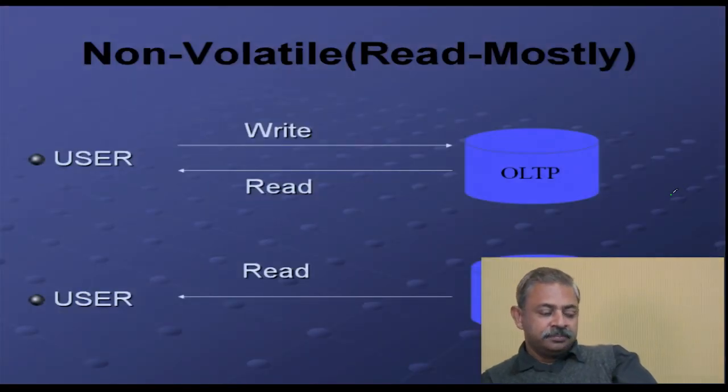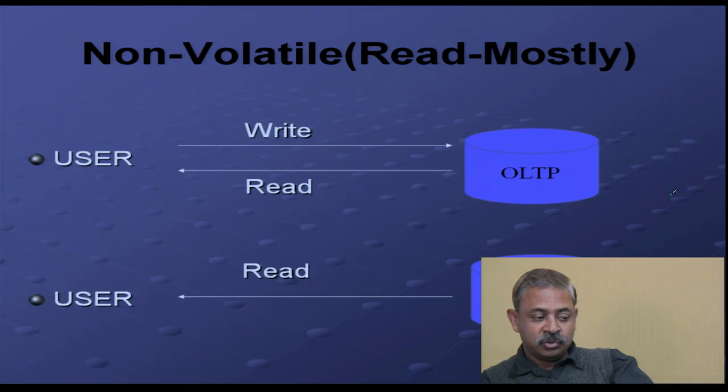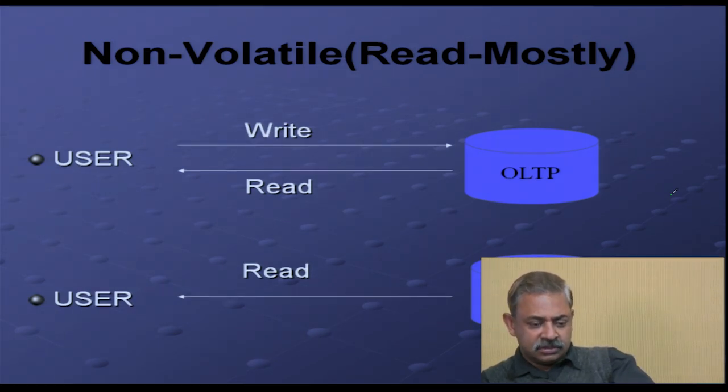The nature of a data warehouse is typically read-only, or we call it read-mostly. What read-mostly means is that most of the time I'll just read from the data warehouse. I'll not typically write to the data warehouse. When I say write, I mean changing the values. Operational systems are typically read and write.